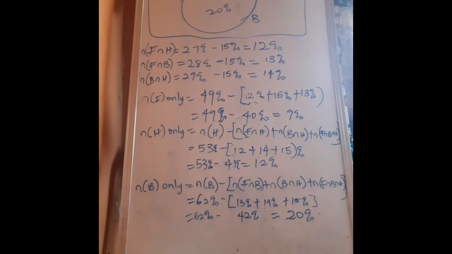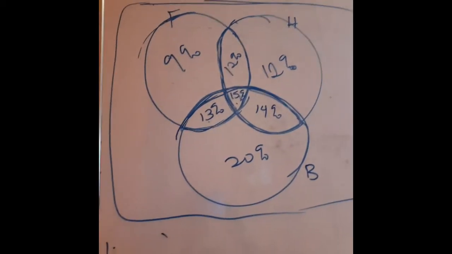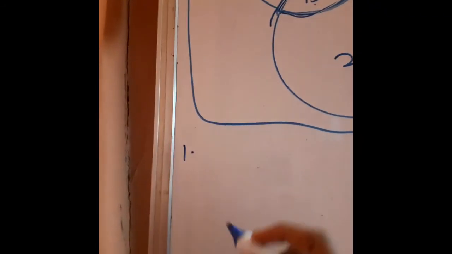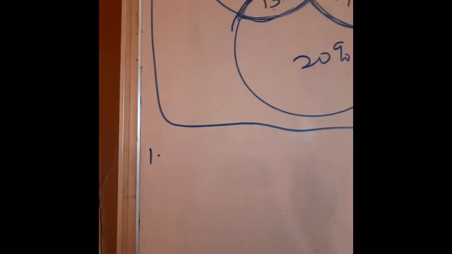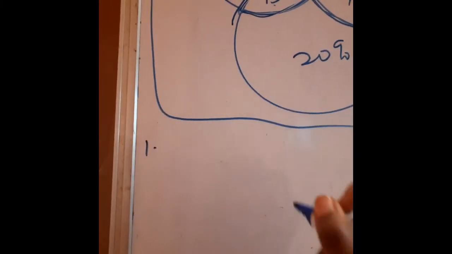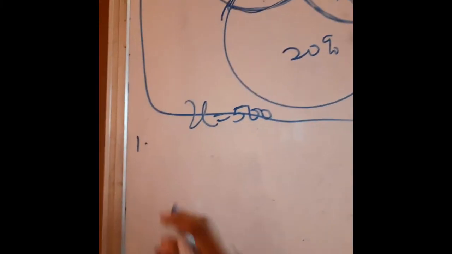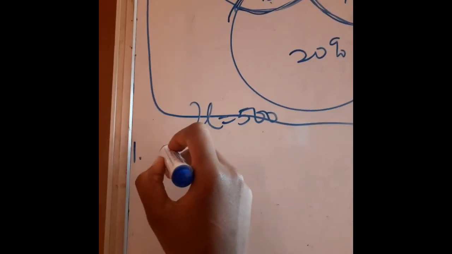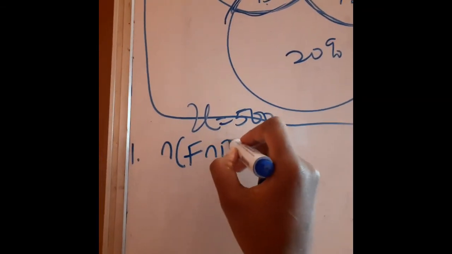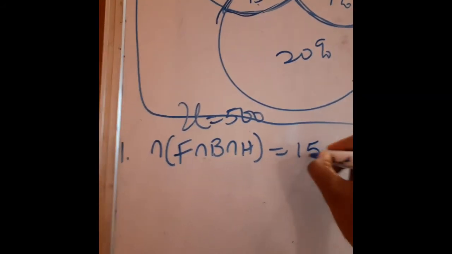I want you to look at it very well. Now, since we've gotten how we got the Venn diagram, we want to get to question number one, which says the number of students that like all 3 games, which is 15%. We want to find the total number, so we'll change it to percent. And you know our universal set is 500. So number one, we are looking for n of F intersection B intersection H, which we got here to be 15%.